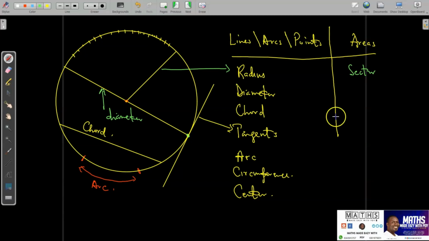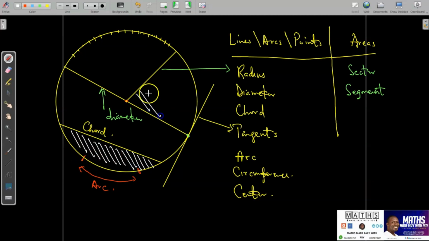Then we also have what we call a segment. A segment is also an area. But when do we have this area being formed? When a chord and an arc are bounded together, we have a segment formed. So probably we can call this area here a segment.